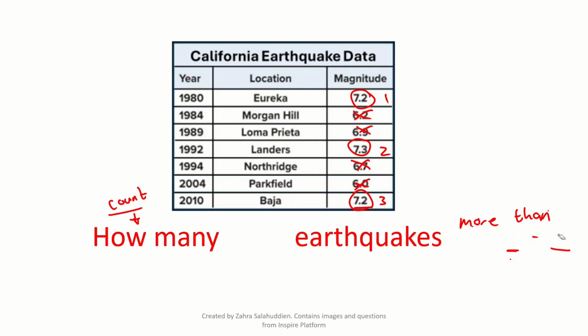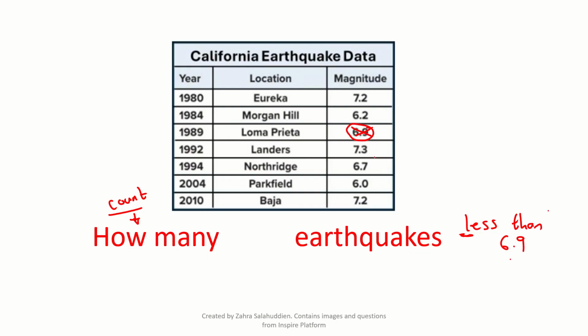Now, what if they change this question and they ask me a different way? They ask me to count less than. So if they say how many earthquakes less than, for little, smaller than, okay? If they say less than, for example, 6.9, I'm going to look 6.9. Okay, I will not count 6.9.